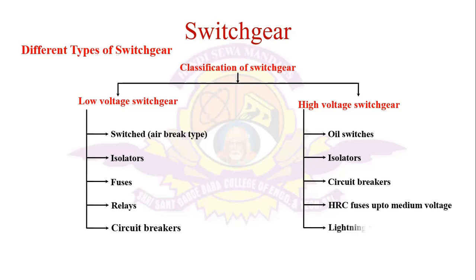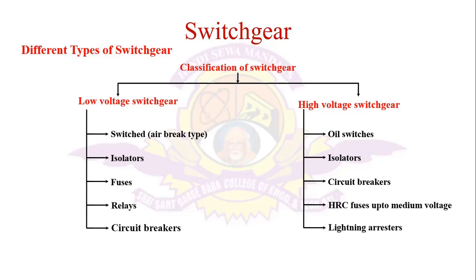Next are the lightning arresters. Arrest means to take control. Lightning is a major problem in the rainy season, and to protect the power system from these lightnings, which have very high voltage as well as high frequency discharge on the power system, we use devices called lightning arresters.